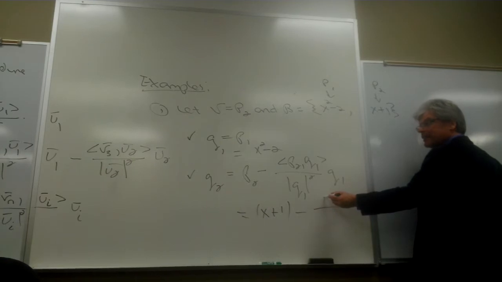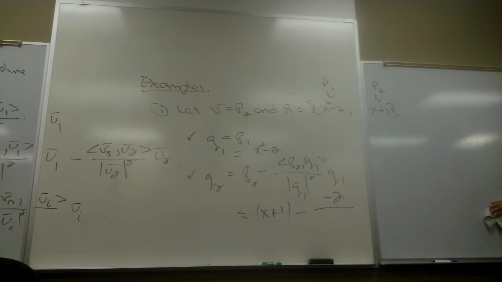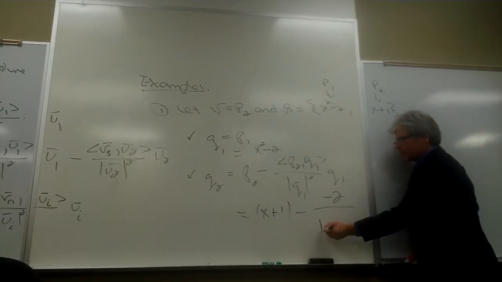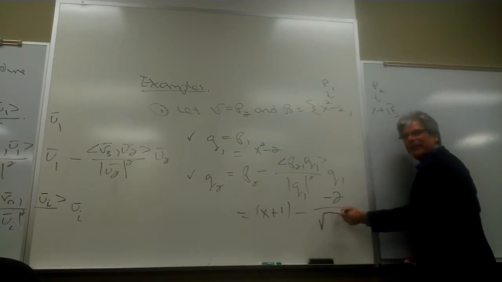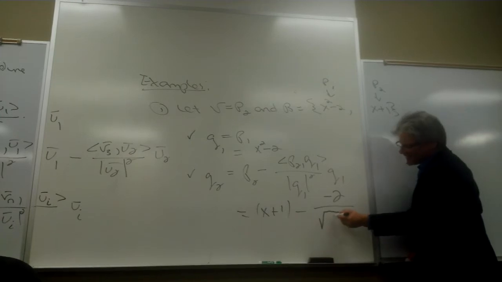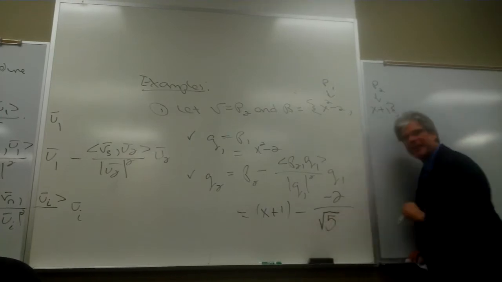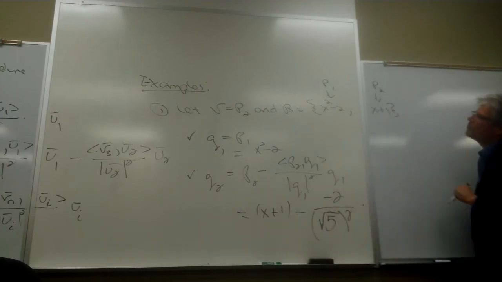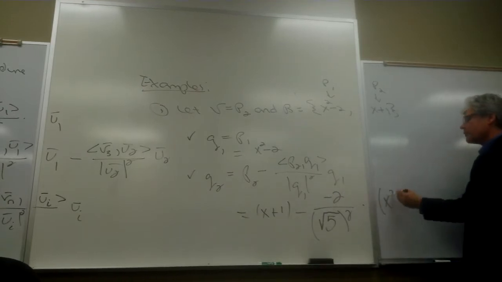Two. Negative 2. And the denominator is the square root of, 1 plus 4, 5. Thank you. 5. And I'm going to square it. And I'm multiplying that by my Q1, which is nothing more than X squared minus 2.